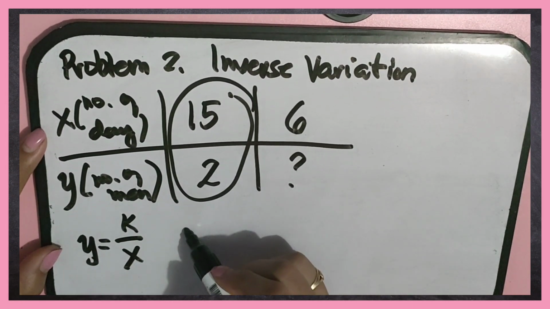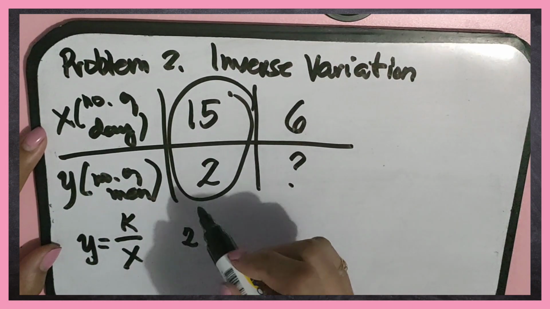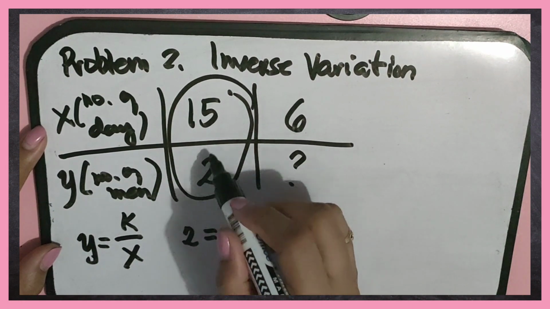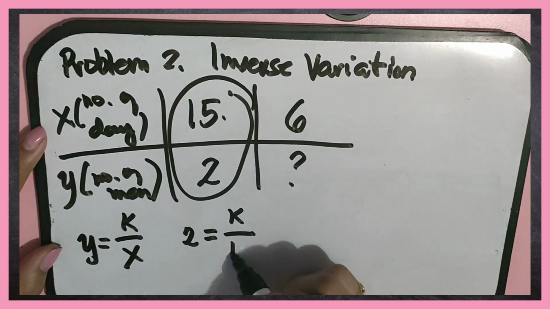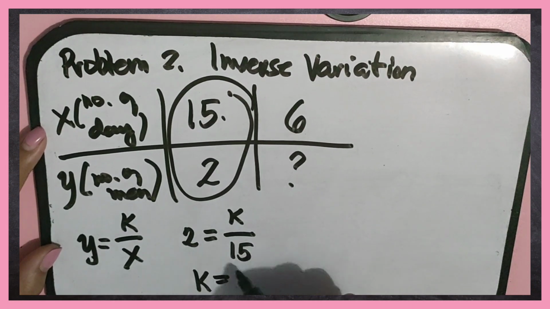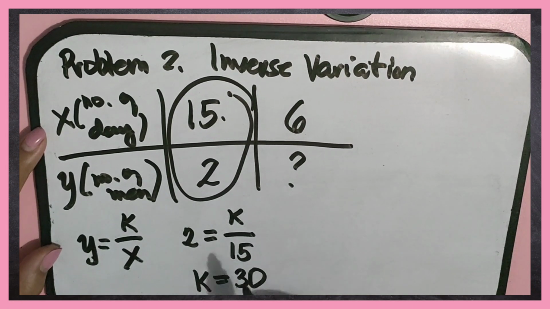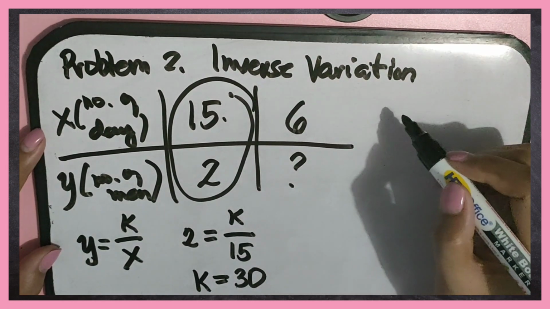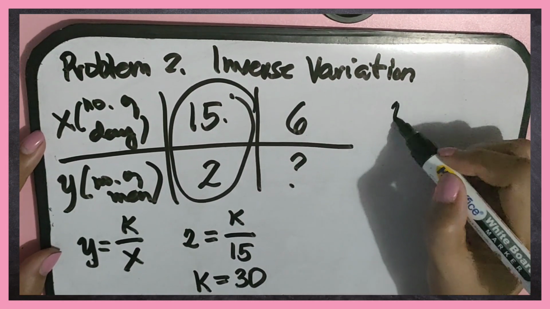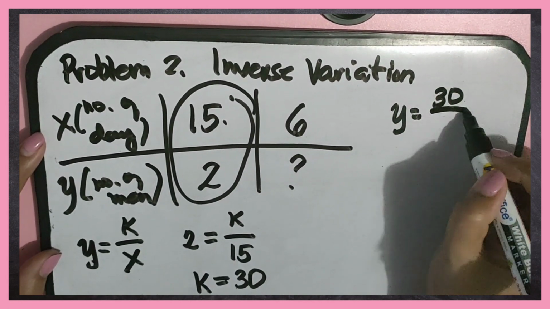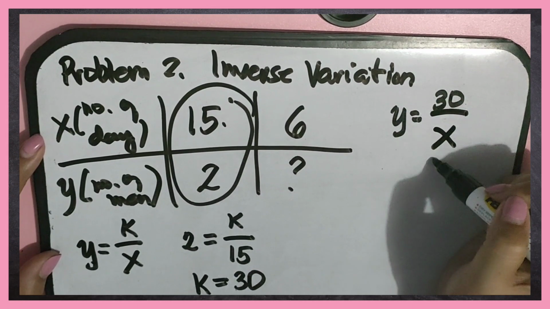So y is 2 is equal to k over 15 as our x. So now the value of our k is 30. If the constant of variation is 30, so the equation of variation now is y is equal to 30 over x. This is the equation of variation.